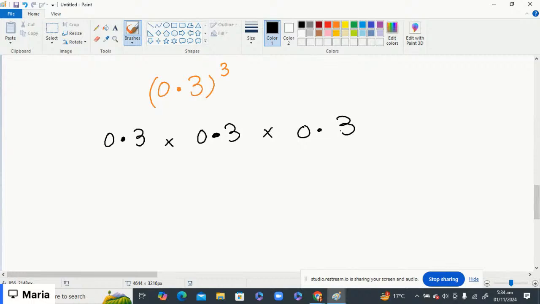Okay, now tell me the answer of this one. Solve it in your notebook, everyone, and then tell me the answer. 0.3 times 0.3 times 0.3.